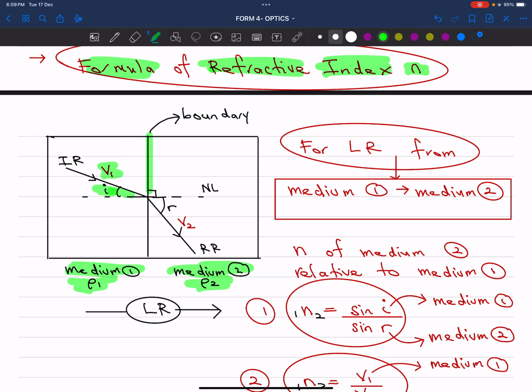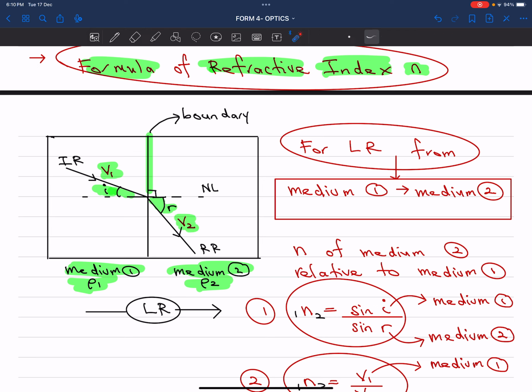Because the density is different, the speed will change, V1 changes to V2, and the direction will change. So here I have the refracted ray with the angle of refraction R, and I also have the speed V2.